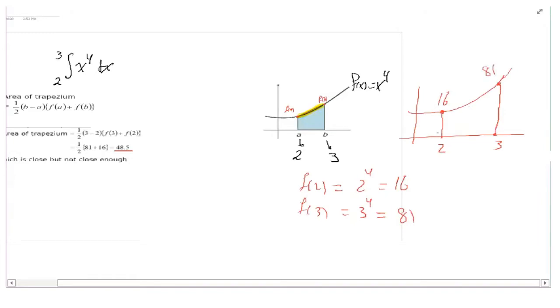Notice that I divided the whole area below the curve into one trapezoid or one trapezium. Now, let's find the area of this trapezium.